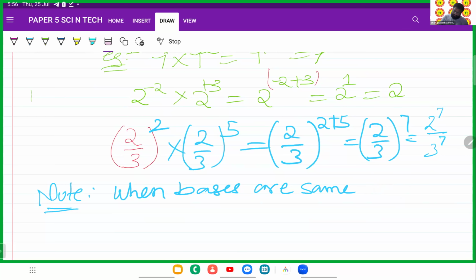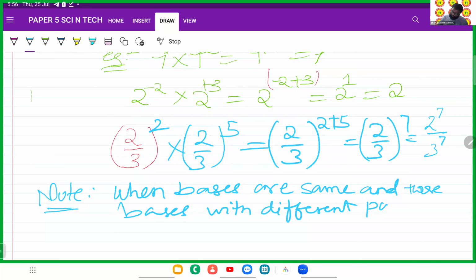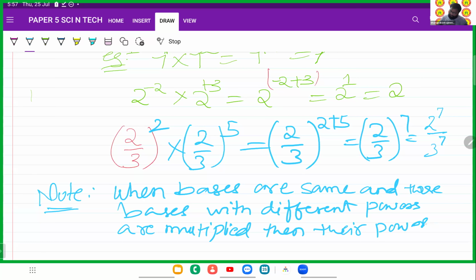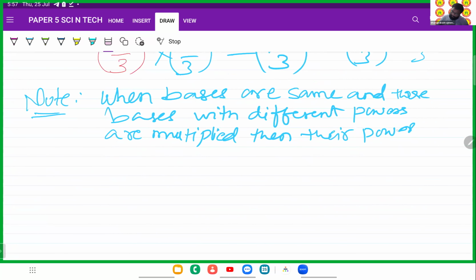Please note it down: when these bases are the same, with different powers, and are multiplied, then their powers are added.